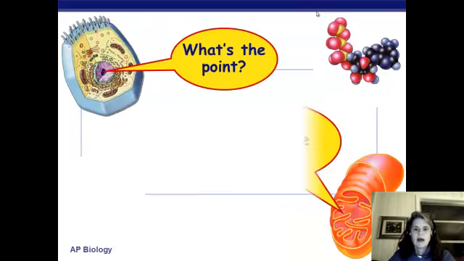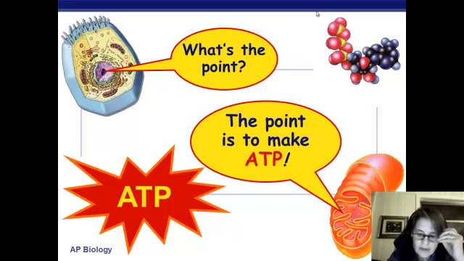Okay? So please, at the bottom of all of this, remember the point of all we are going to talk about is for the cell to make ATP.